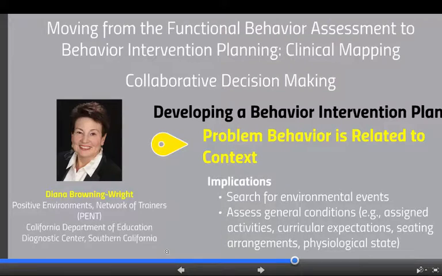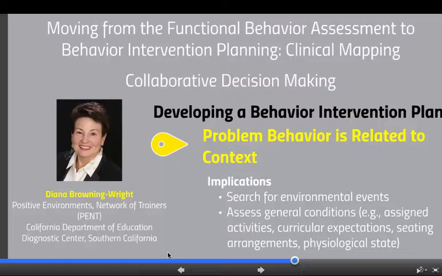So this is the process that is so important, that once the interdisciplinary team has conducted their indirect assessment and/or the direct observation and/or their experimental manipulations, they have then gathered a lot of relevant information for the purpose of creating a behavior intervention plan.